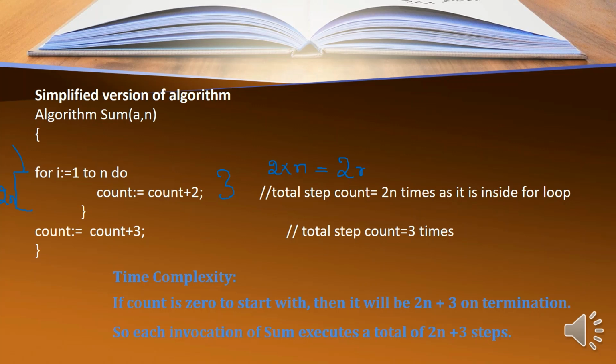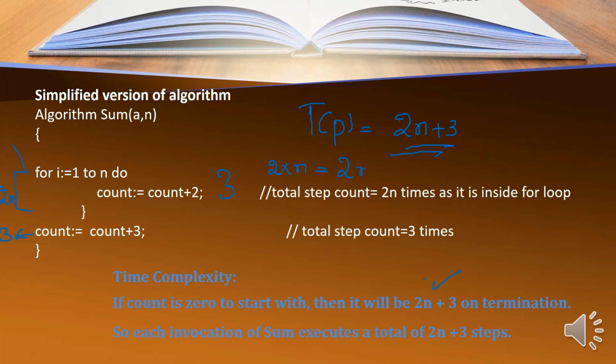So the total execution, or the total time complexity of the sum program, is 2n plus 3. If count is 0 to start with, then it will be 2n plus 3 on termination. So the time complexity of this program is 2n plus 3.